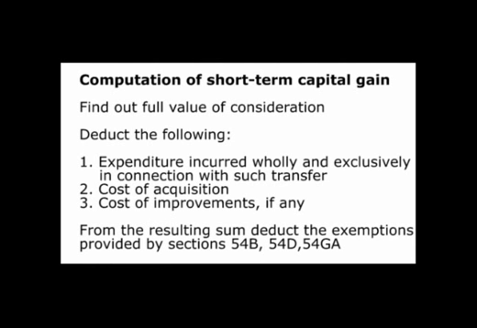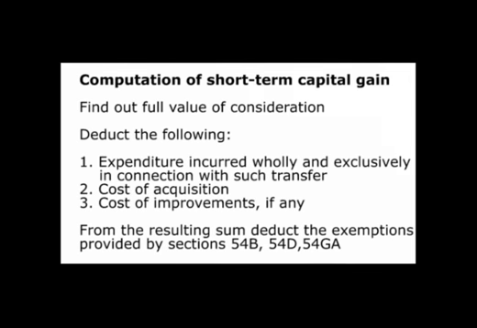So we start from the computation of short-term capital gain. First of all, we'll find out the full value of consideration, and from the full value of consideration, the expenditure which the assessee has incurred wholly and exclusively in connection with such transfer will be allowed as a deduction.